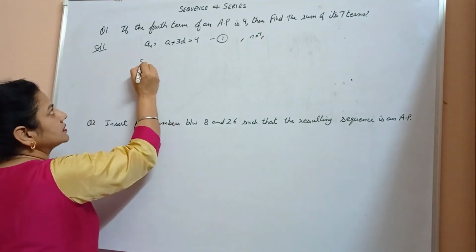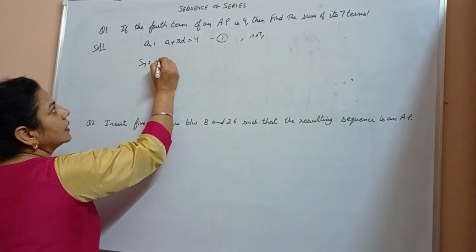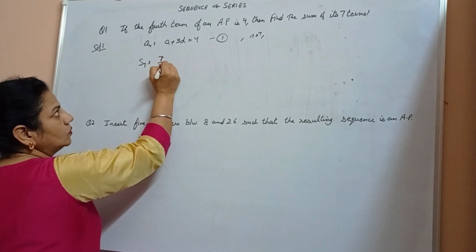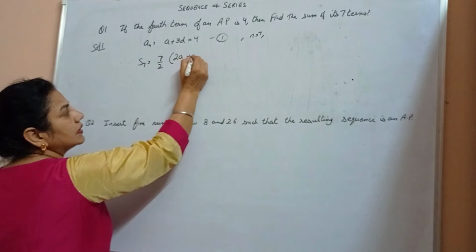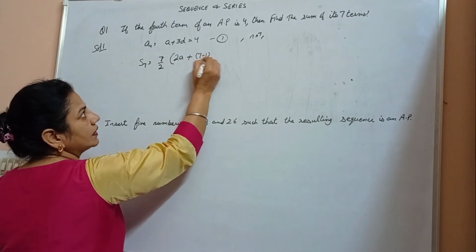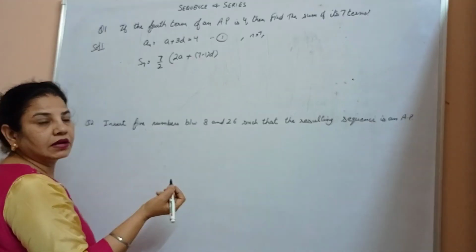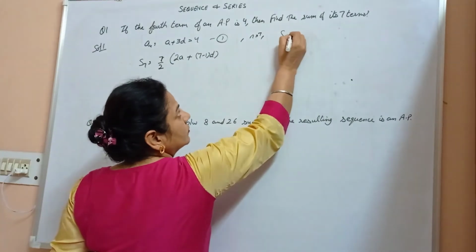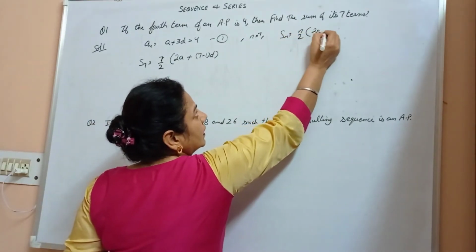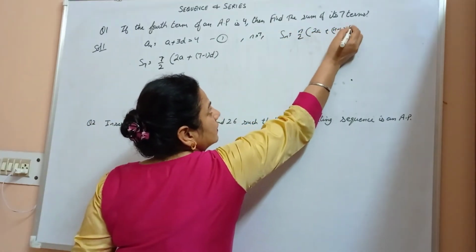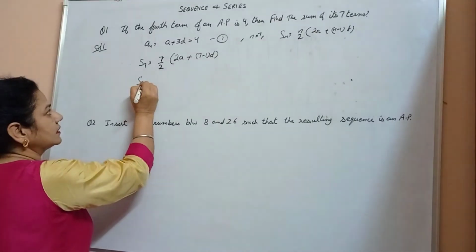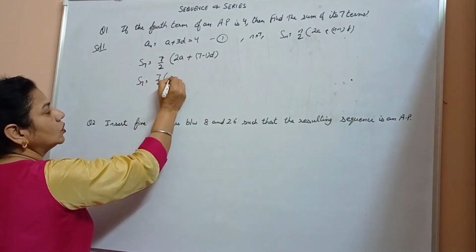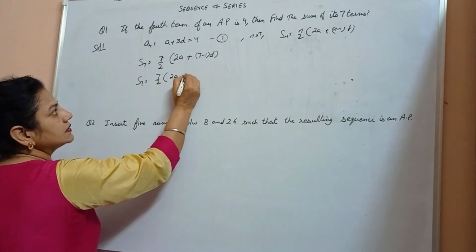We use the formula Sn is equal to n by 2, 2a plus n minus 1 d. Here n is 7, so I substituted 7. So I get S7 is equal to 7 by 2, 2a plus 6d.